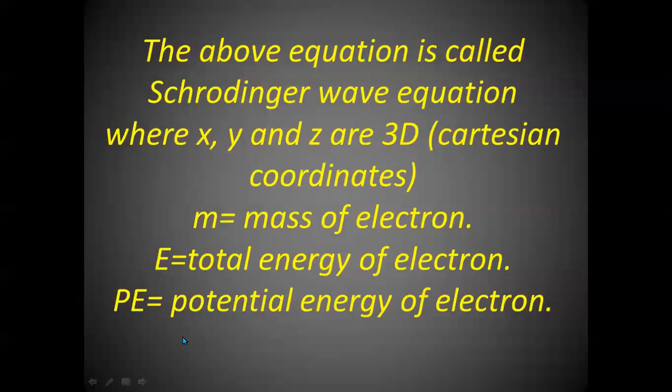But before that, let us see what all the symbols represent. In the above equation, which is called the Schrodinger wave equation, x, y, and z are the coordinates called Cartesian coordinates. You know, in geometry, we divide the plane into two axes, x and y.